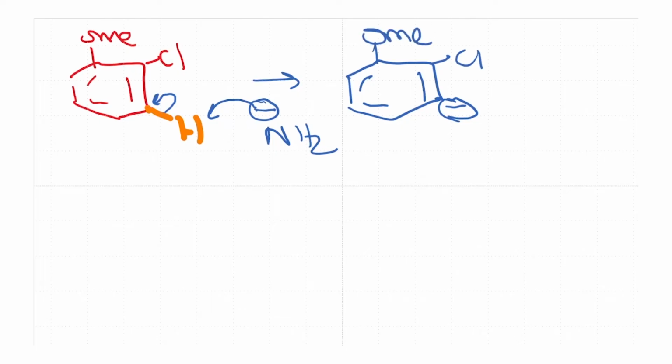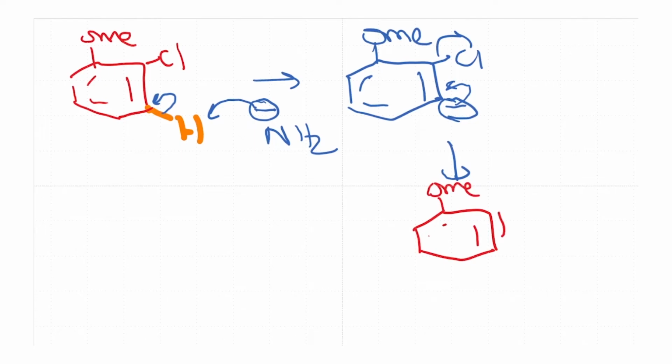Alright. Now the next step would be the loss of the chloride to give you the potentially key intermediate, which would be the benzyne. Okay. Now you have two possibilities for attack. So this is the key intermediate.